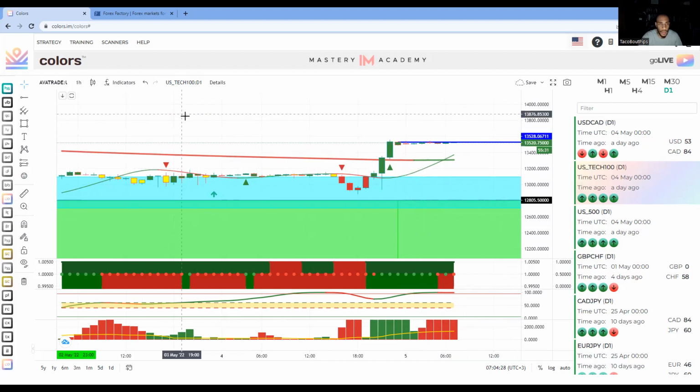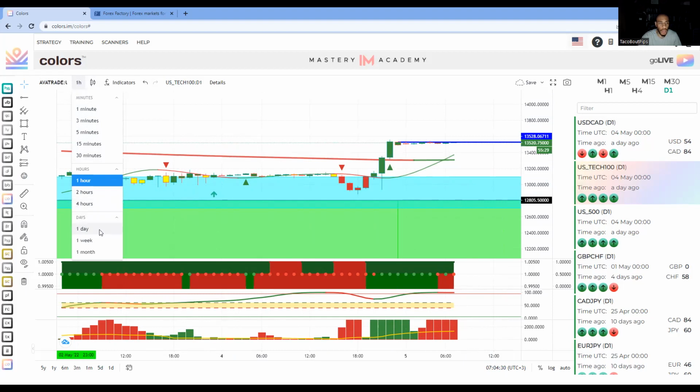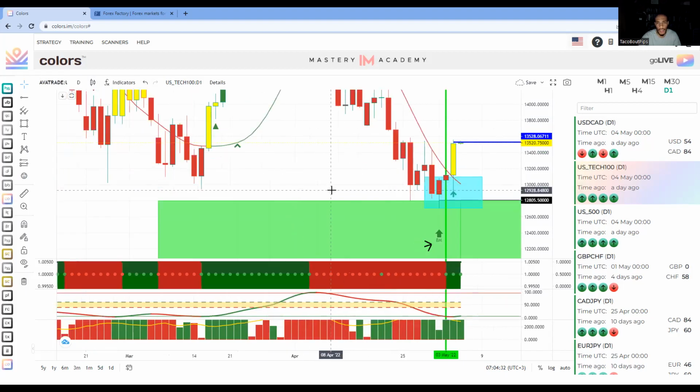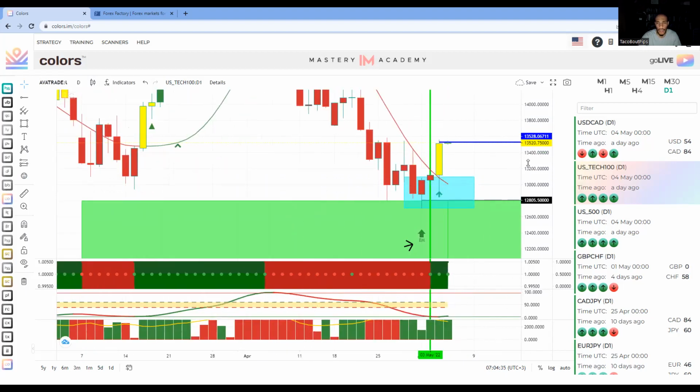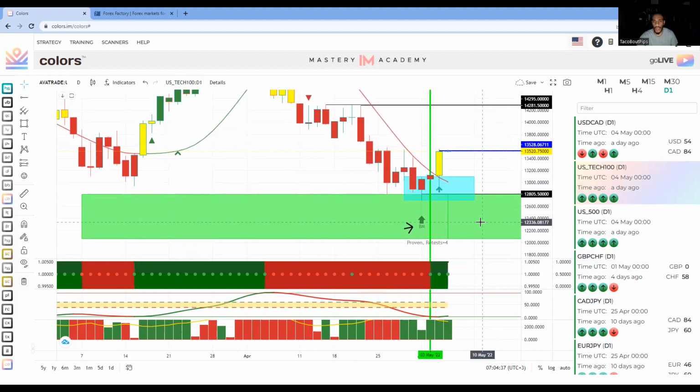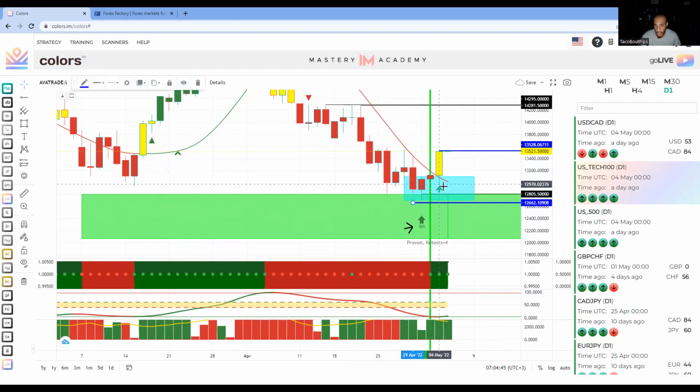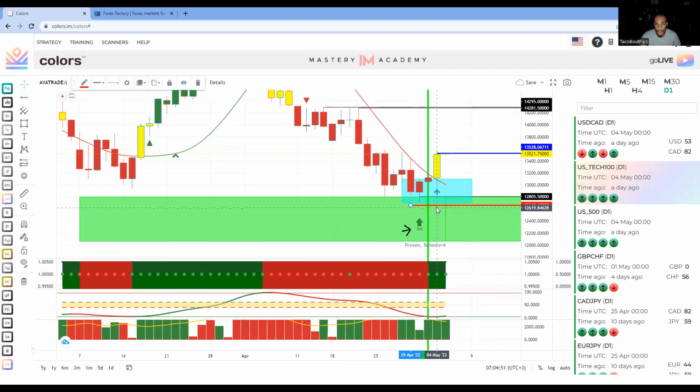All right, boom. So what I'm going to do, go back to my daily. And where would my stop loss be? Your stop loss, remember, it can go a couple of places. You can have your stop loss below this structure right here, because technically this is a box. So you could have your stop loss below that structure, or you can have your stop loss below this structure.